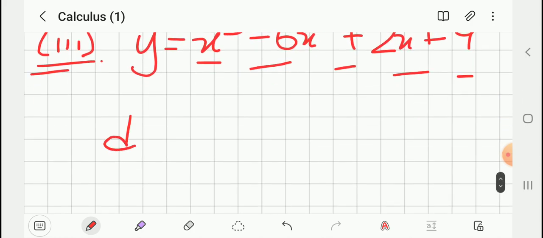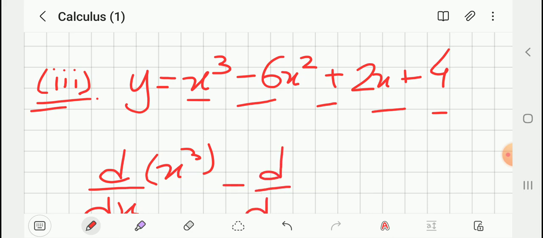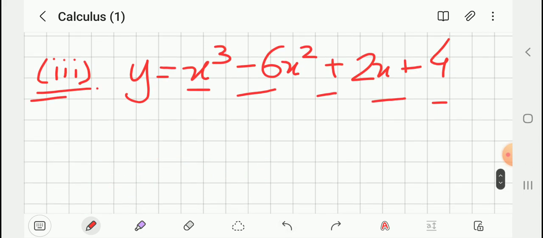See, d by dx, first we take x cube. Its differentiation is 3x square, as we solved earlier.